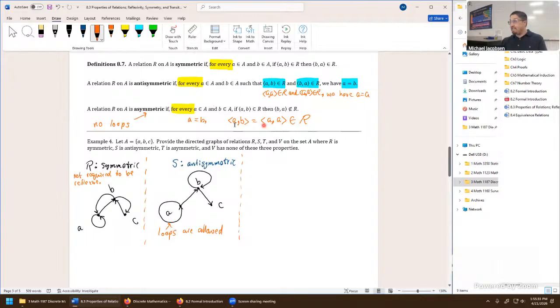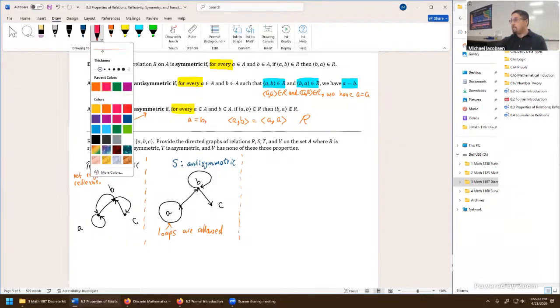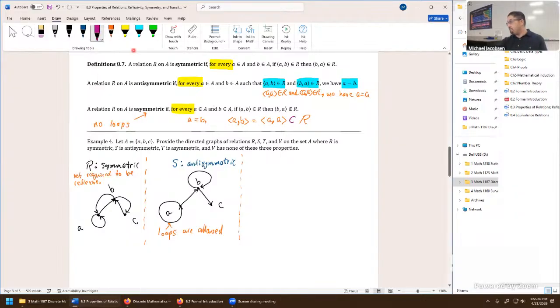A cannot be related to A, because if A is equal to B, and you said A is related to B, you're saying A is related to A, and then you could swap that. Nothing happens visually, but then the swap would happen here. You're saying AA is in R as well. So AA, forgot the slash there, is not allowed to be in the set R whatsoever. Let's make that null element pop.